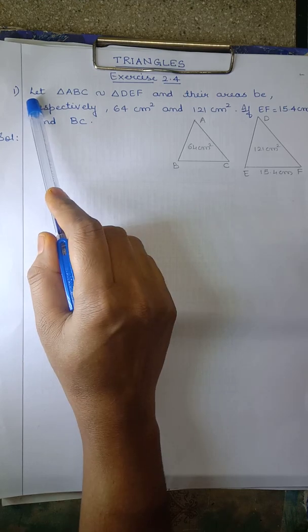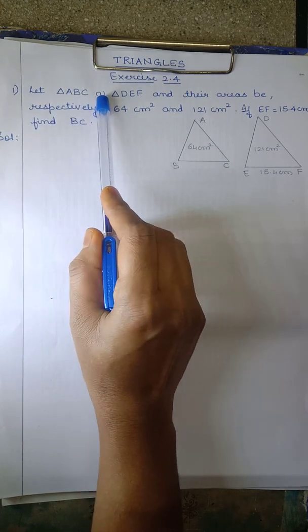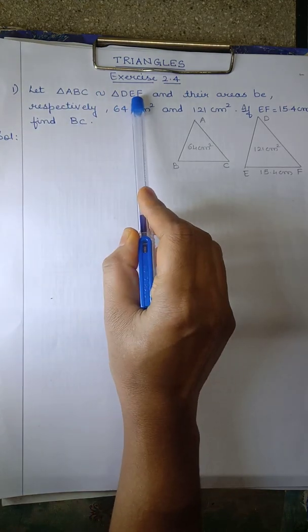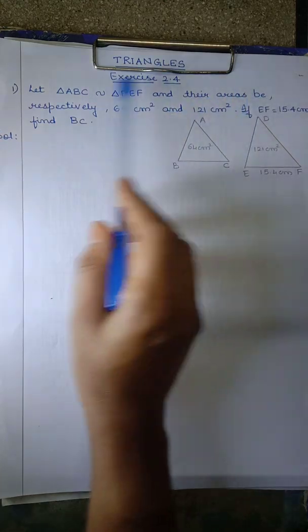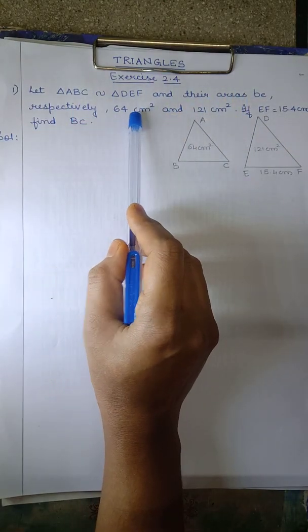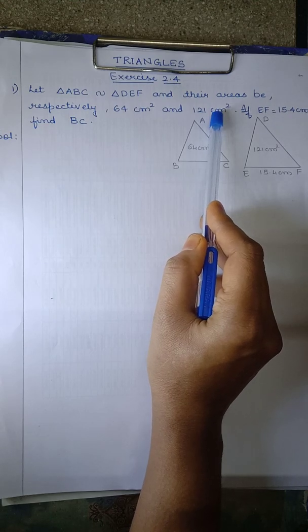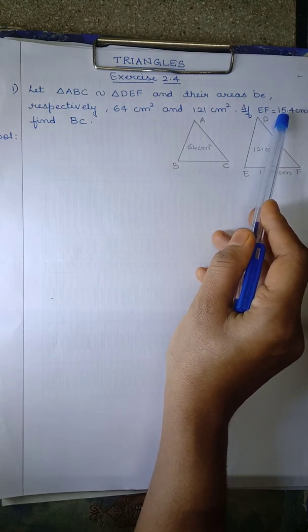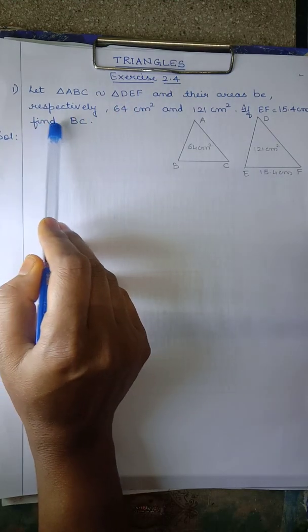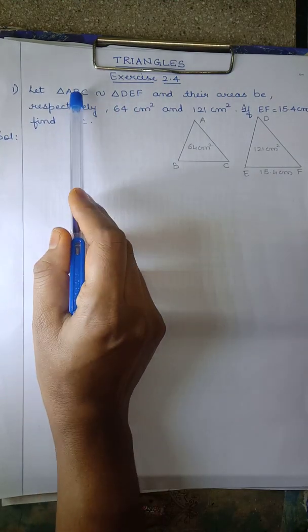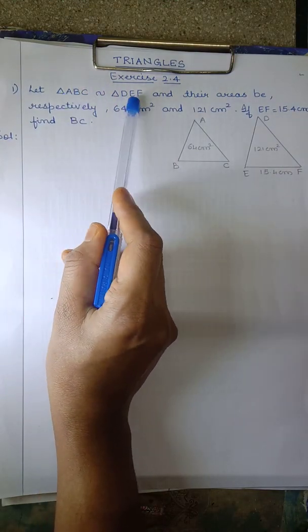The first question is, let triangle ABC similar to triangle DEF and their areas be respectively 64 cm square and 121 cm square. If EF is equal to 15.4 cm, find BC. Okay, so they have given two similar triangles, ABC and DEF.